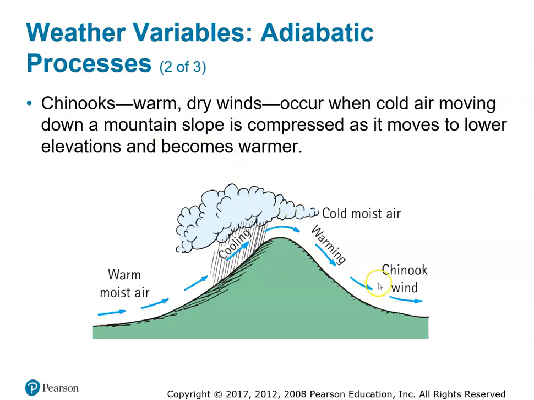As it goes down the mountain, there's no heat exchange going on. That's the adiabatic process, right? What's happening is, as this cool air goes down the mountain, the pressure down here is greater, and the air gets compressed and warms up. That's called a Chinook wind. I think that's a Native American term.